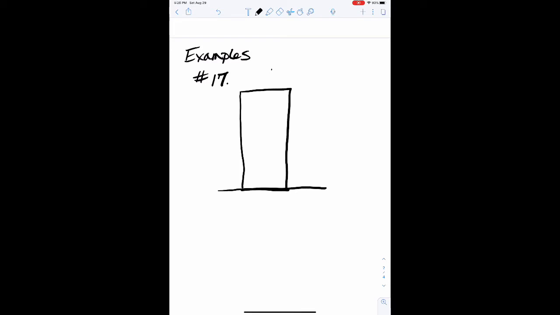And the filing cabinet, they tell us, is 52 inches tall. So a little over 4 feet, right? And I think they tell us that the width here, or its base, is 15 inches across.